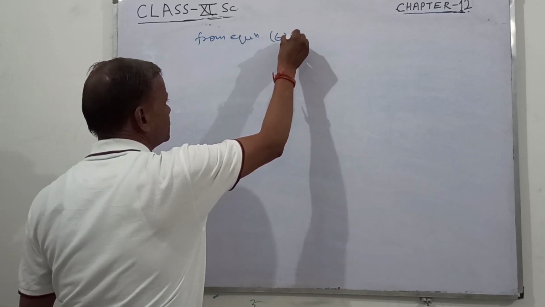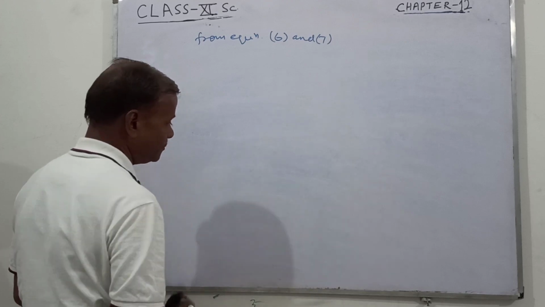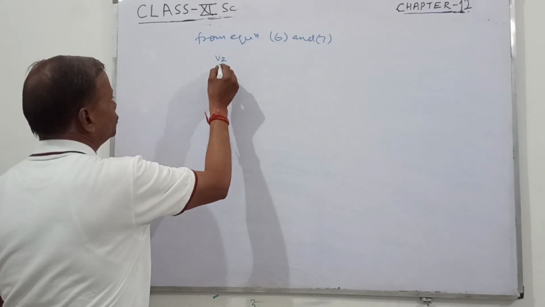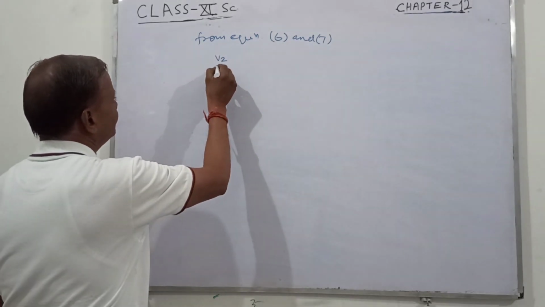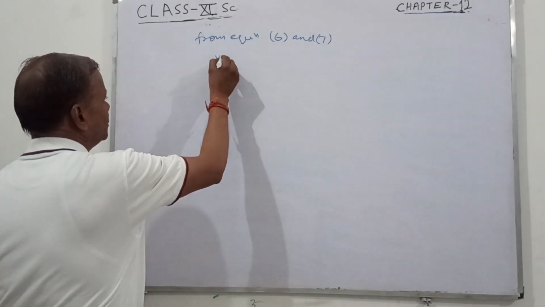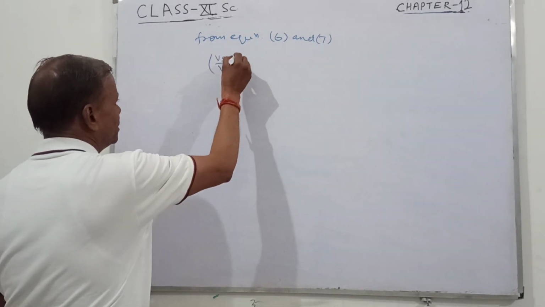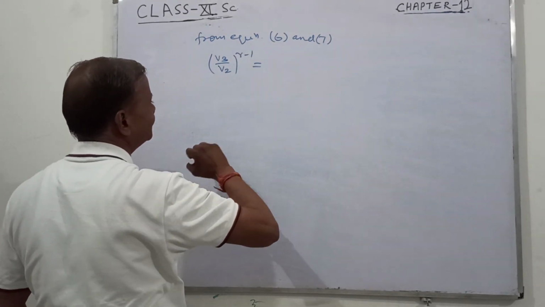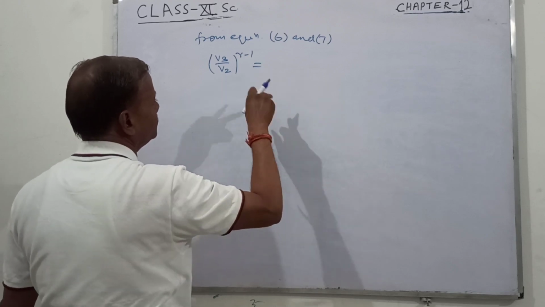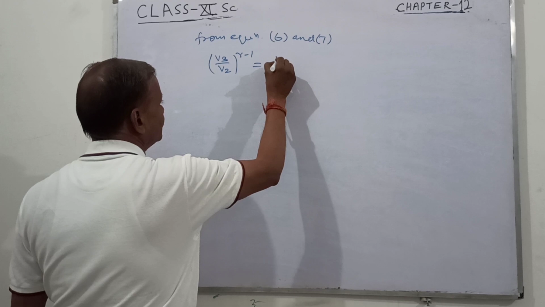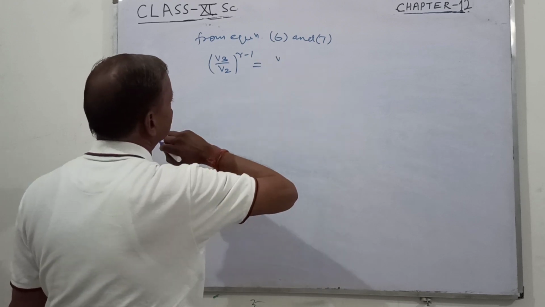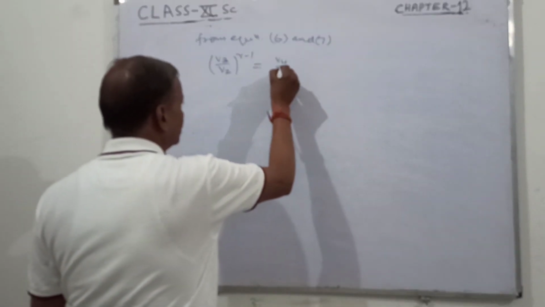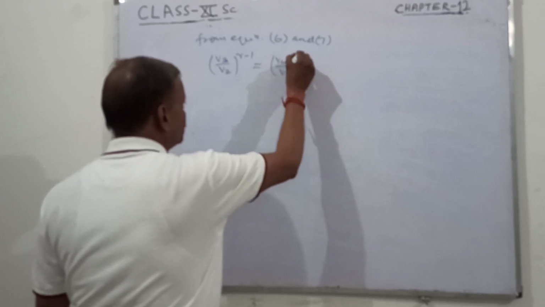From equation 6 and 7, V3 upon V2 raised to power gamma minus 1 equal to V4 upon V1 raised to power gamma minus 1.